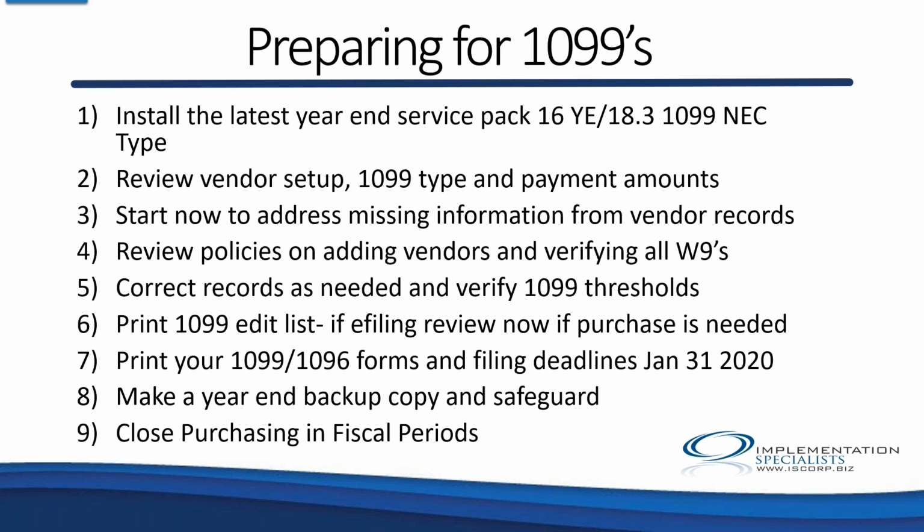I would suggest reviewing policies on how to add vendors and verifying that all W-9s are not expired, that they are actually scanned and in the system attached to your vendors. Make sure your records are corrected as needed, and that you're verifying your 1099 thresholds.